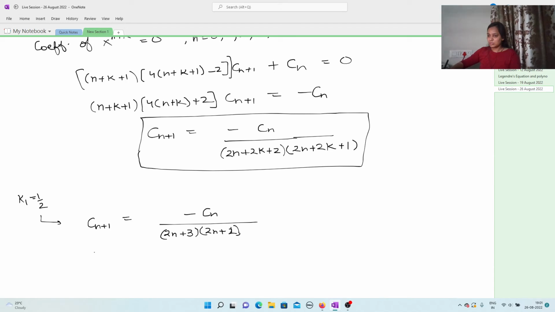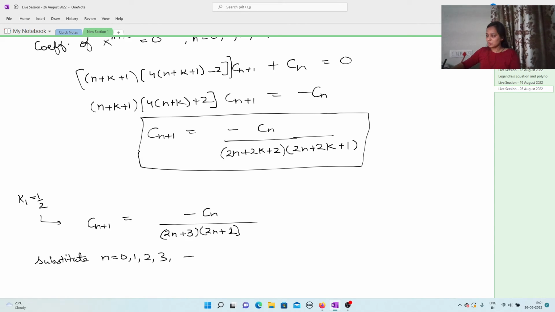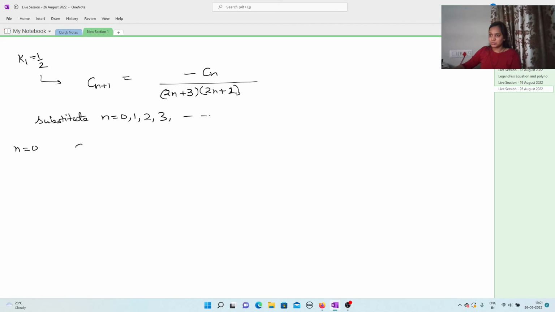Now we can substitute n equals 0, 1, 2, 3 and so on, and get the series for the first solution. If we substitute n equals 0, we get C1 equals minus C0 over 3 into 2. Now this is minus C0 over 3 factorial.